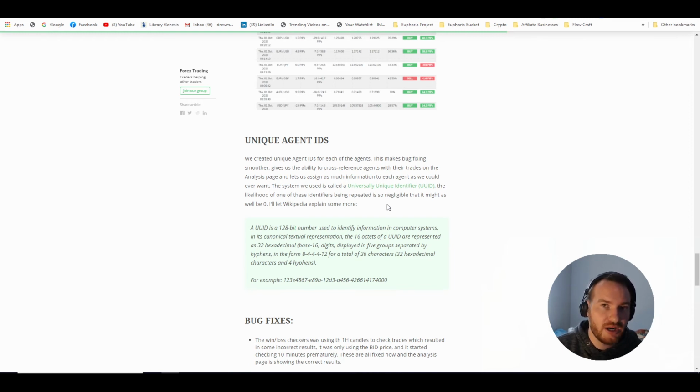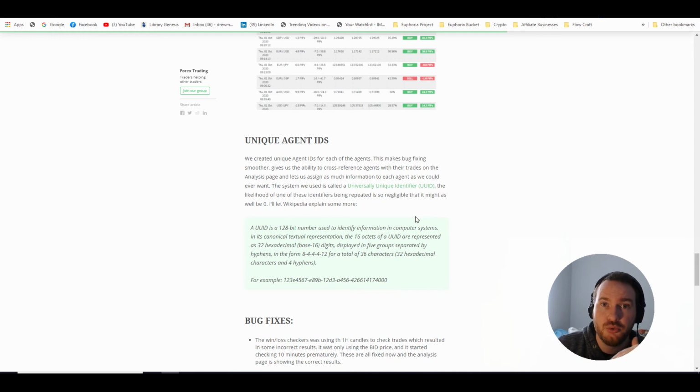It's pretty much zero. I think I read somewhere that it's more likely for a meteor to hit Earth in the next 5 to 10 minutes than it is for us to get another one of these, and the likelihood of that happening is super low. So that should allow us to move forward with confidence.